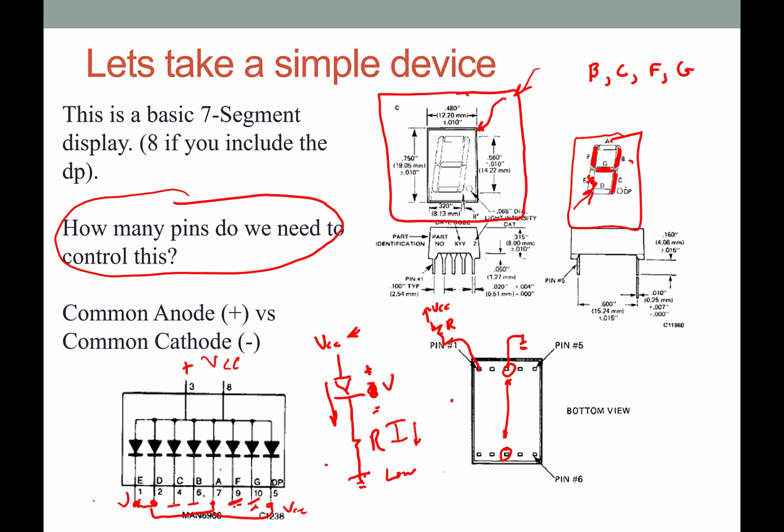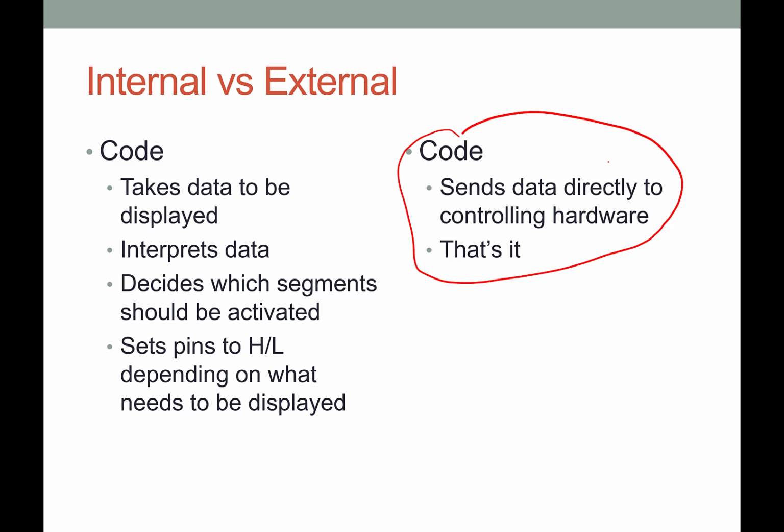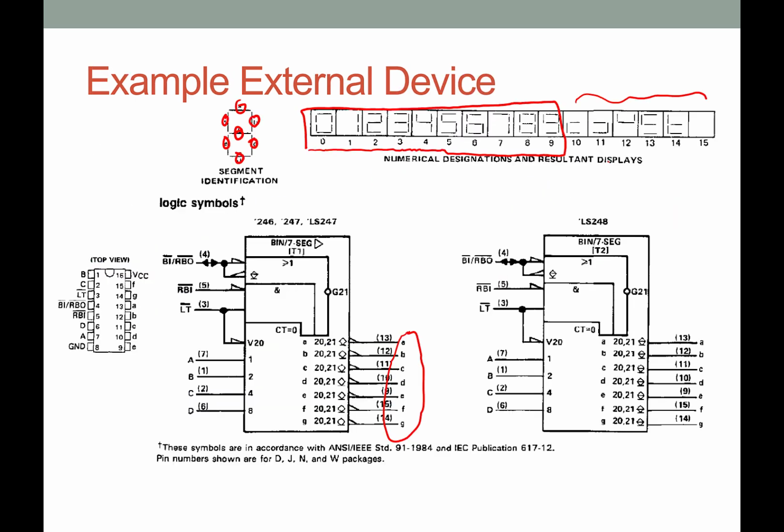Yes, A, B, C, D, E, F, G. Of course, you can imagine that's sort of a standard to make sure it's consistent. So these lines here will go to the 7-segment display that we already talked about, and will have to be wired just like you wired them from your output ports to that 7-segment display.